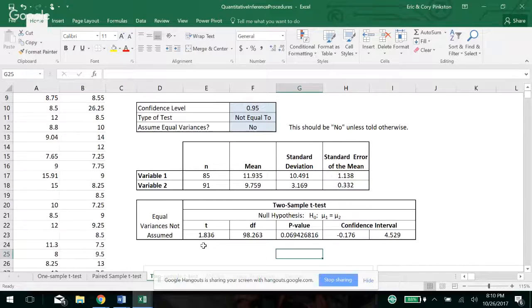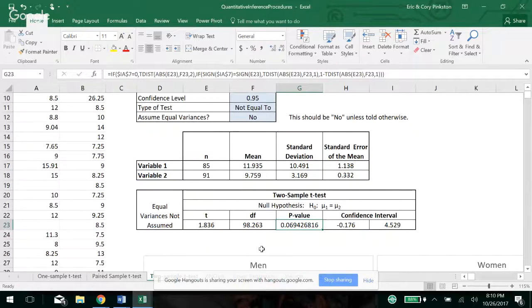The p-value, and compare it to the alpha level. Our confidence level is 0.95, so our alpha is 0.05. And our p-value is 0.069, so it's greater than alpha. So we don't have enough evidence to reject the null hypothesis. So make a decision: we fail to reject it.